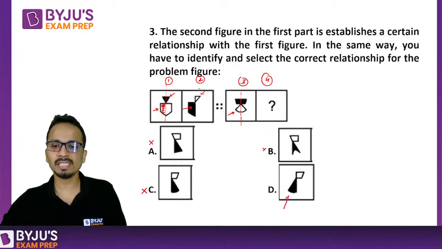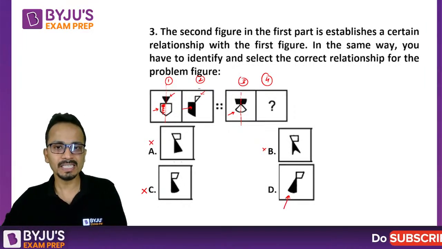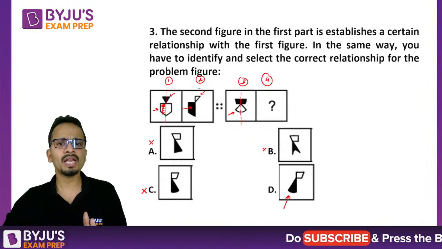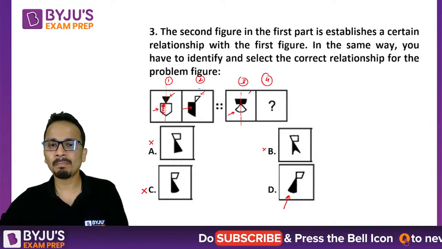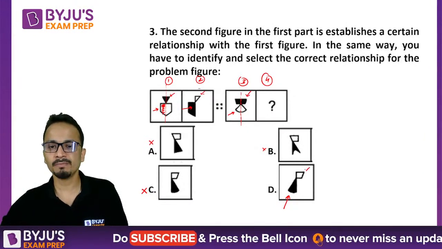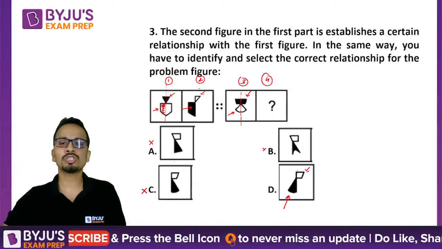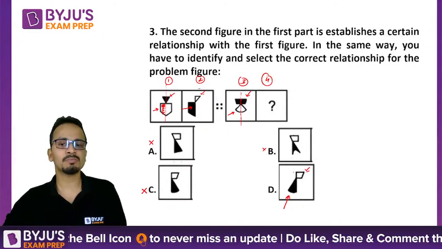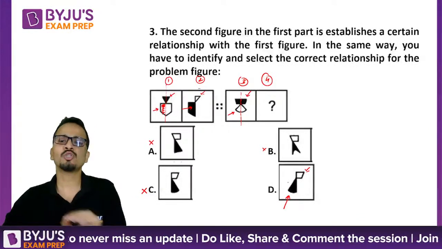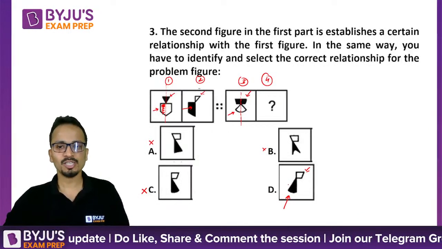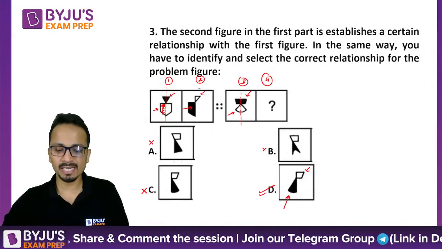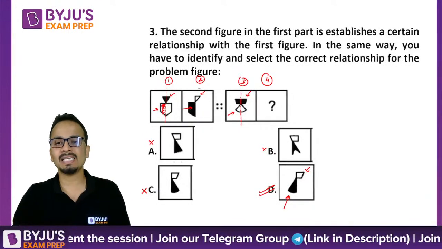As you can see, in figure D the lower left part is retained and the upper right part is retained. The portion which was hollow earlier has become bold, and the bold one has become hollow. This is why we can now select option D as the answer.